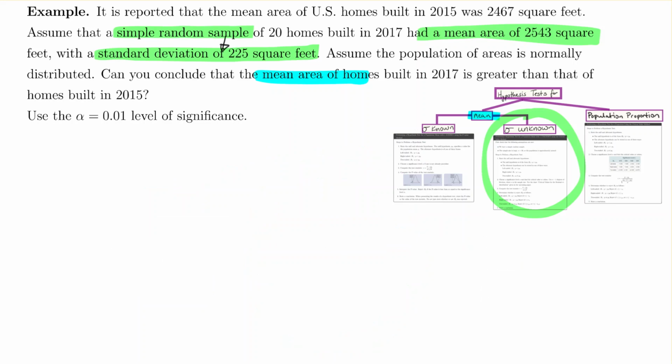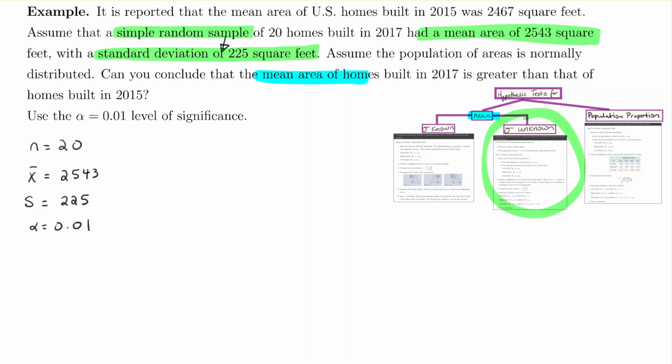So let's extract some key things from the problem. First, we know our sample size n is 20. The sample mean is 2543. Sample standard deviation is 225. I'll also record my level of significance as 0.01.